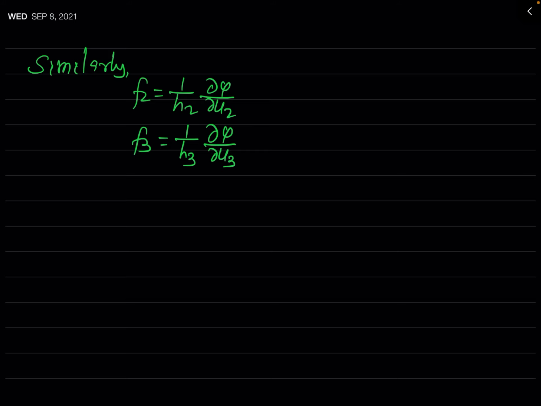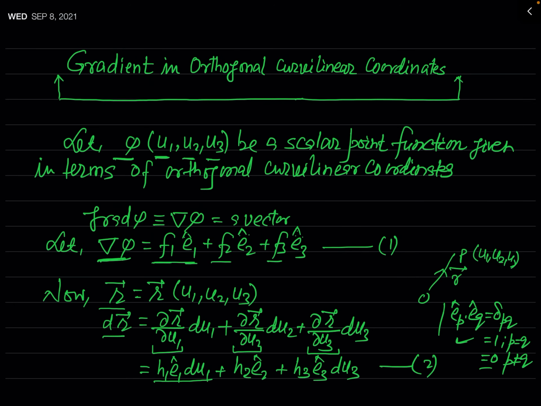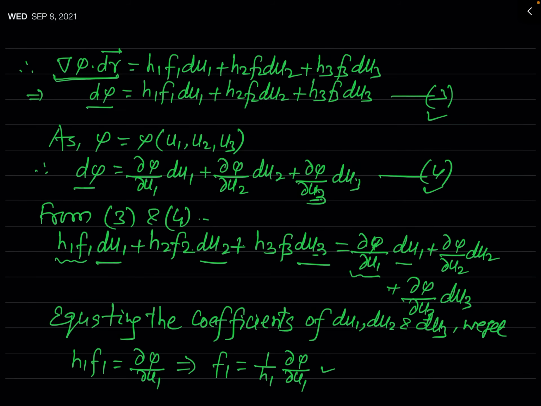So you can see we have evaluated the values of f1, f2 and f3. These are actually the components of gradient of phi. You can see here the equation number 1, these F1, F2 and F3 are components of del phi, that is gradient of phi.